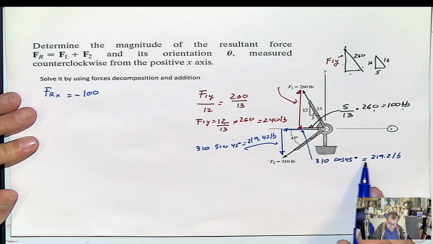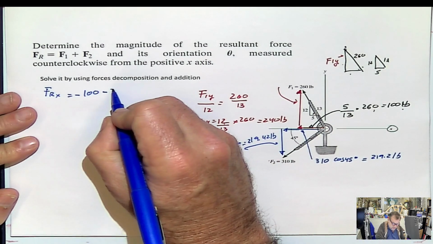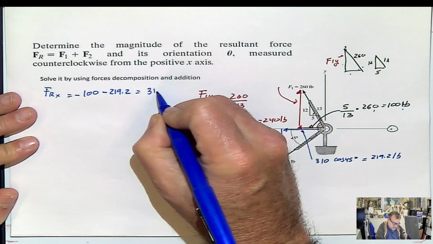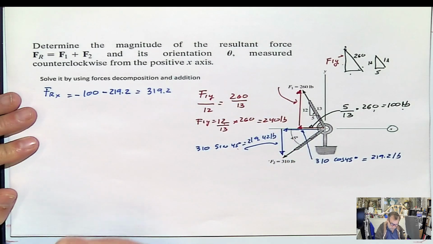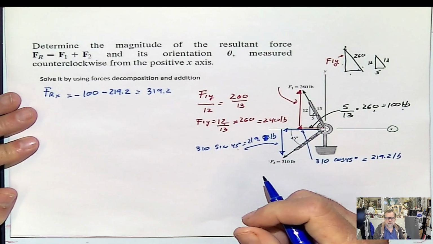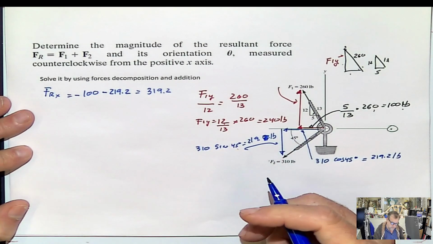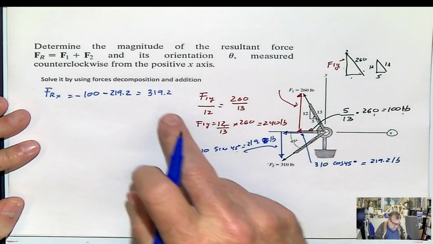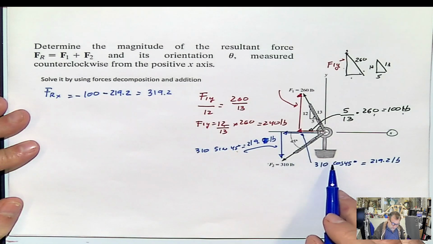And this is the x component of F2, and I'm going to put it negative as well, 219.2, meaning this is going to be 319.2. Oh no, it's 219.2, you see, and I put here 42. And you didn't correct me. I mean, please, pay attention, correct me, yell at me. Okay, now we have that over there.